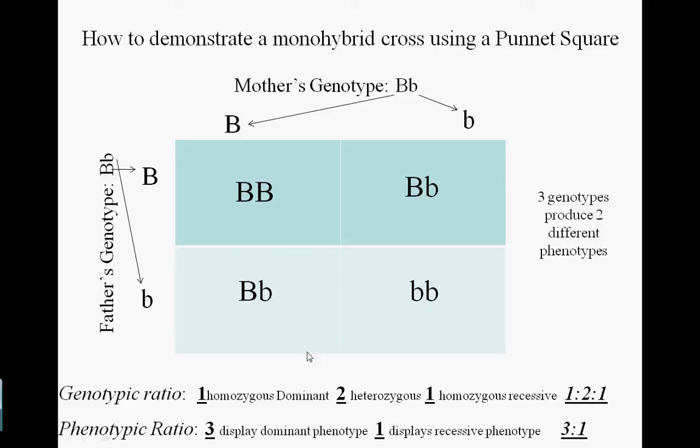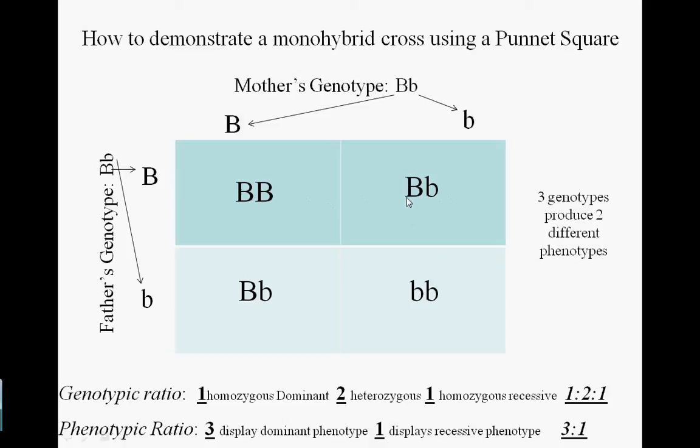And so one thing that you need to notice is that you have 3 different genotypes. This is one genotype, these 2 is another genotype, and this is the third genotype. And they produce only 2 different phenotypes. So the key thing to realize is that big B, big B and big B, little b produce the same phenotype.